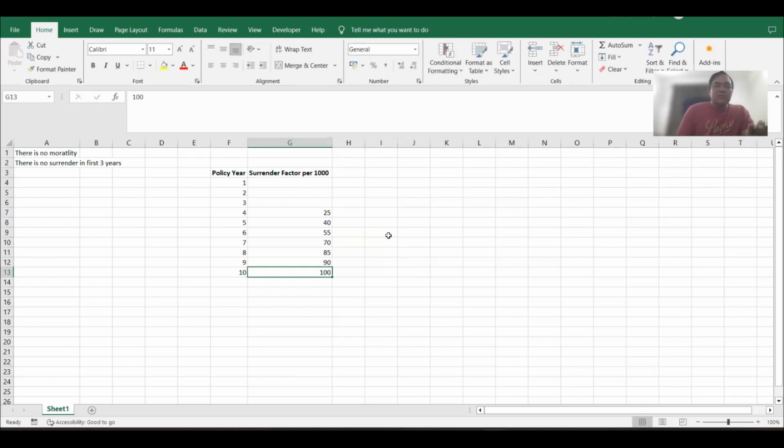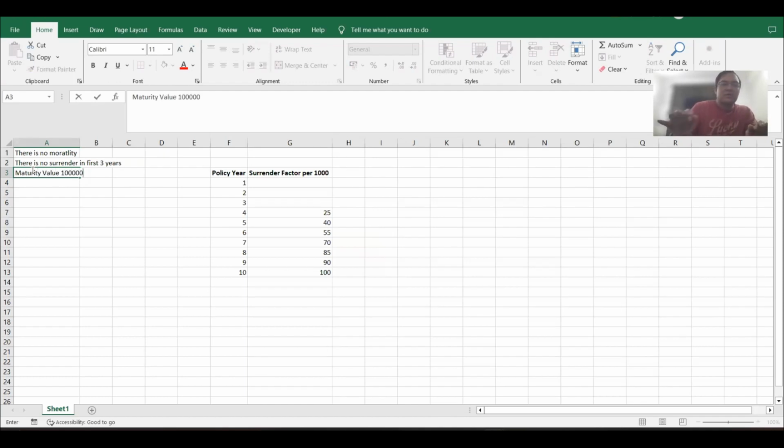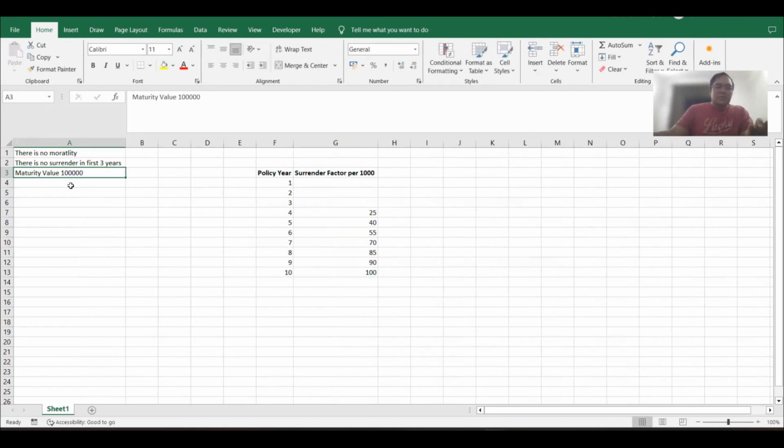That also gives us the assumption that our maturity value is 100,000, that is 1 lakh. I have written that as well.